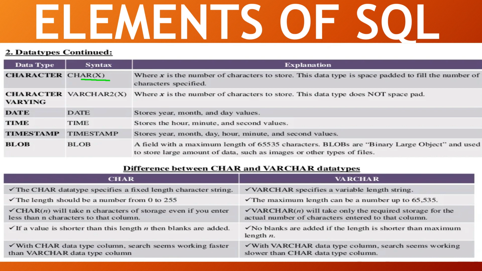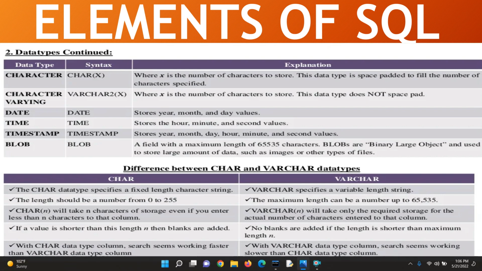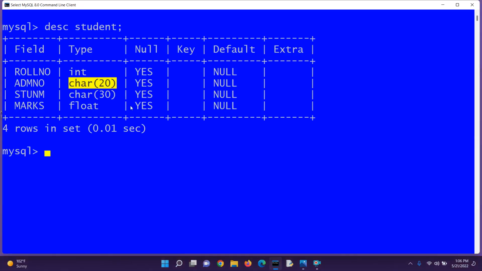This x represents size. As you saw in this particular example, when I showed you the table, here it is showing char 20. That means admission number cannot exceed the length of 20. You cannot enter more than 20 characters in it, but you can enter less than 20.